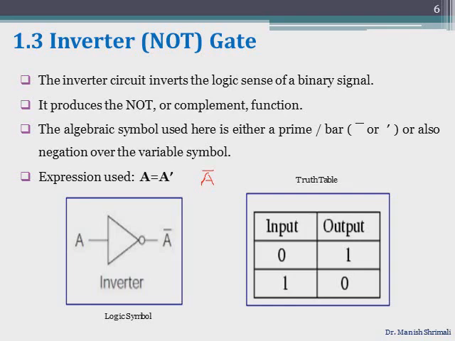Suppose this is the variable A, and this is the A complement. It is shown here also. This is the logic symbol of the NOT gate, and this is the truth table of the NOT gate, in which if input is 0 it gives output as 1, and if input is 1 it gives output as 0.